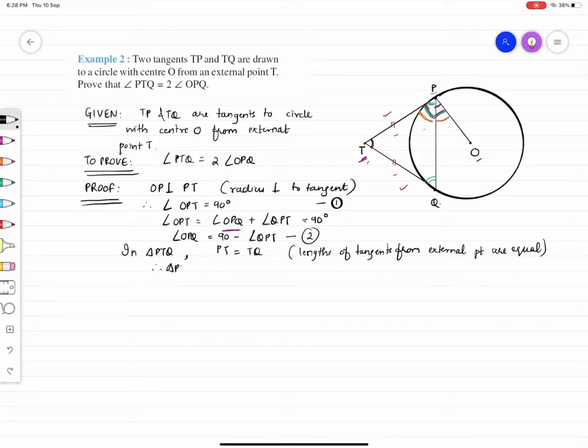Therefore, triangle PTQ is an isosceles triangle.